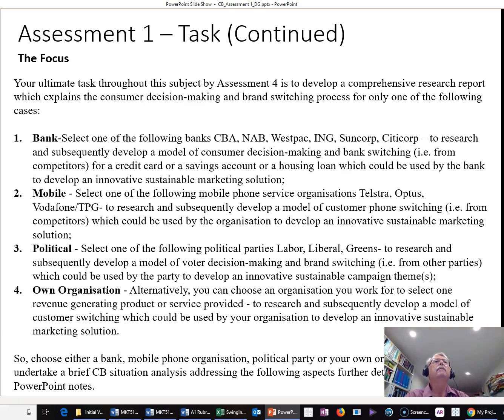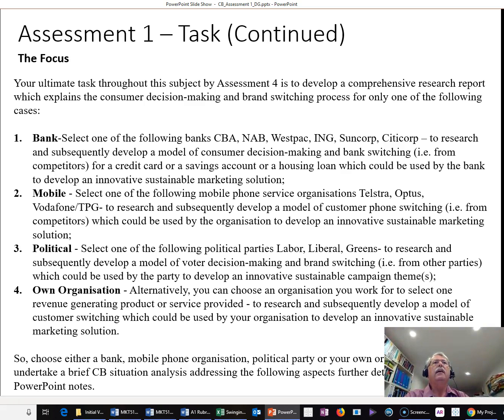The focus. So here's the focus. Over a number of previous years, I have conducted quite a few surveys, and I've selected 3 of those, which I would like you to be able to use as a case study. All you have to do is to pick one of these.